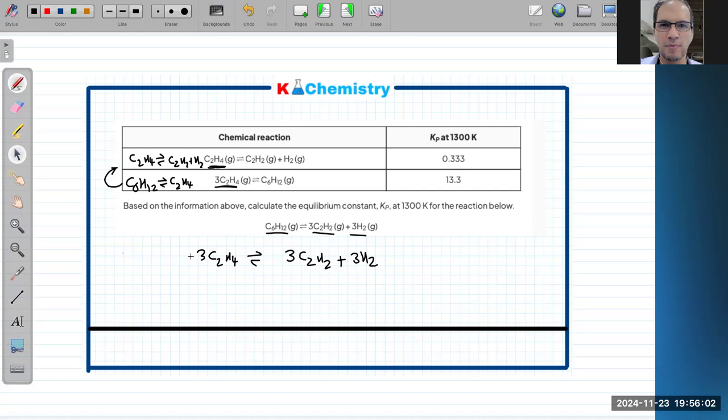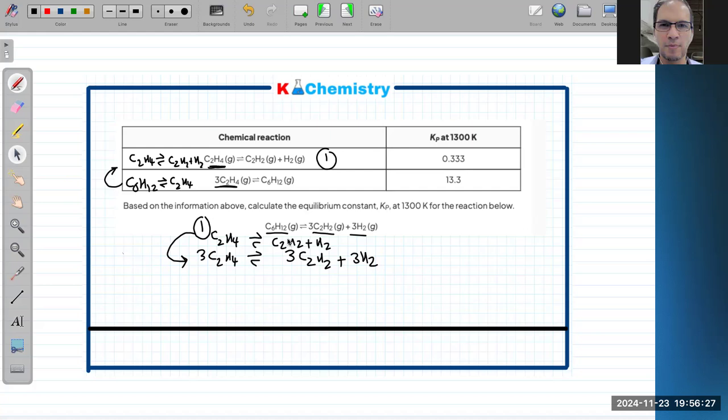You need to change from this equation, from the C2H4, into this equation. So C2H4, this is equation number 1. I'm going to change it into C2H2 plus H2.